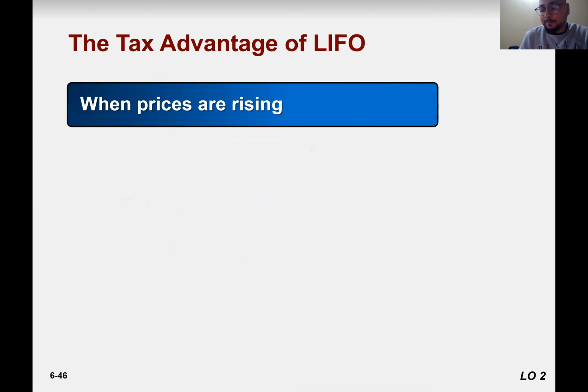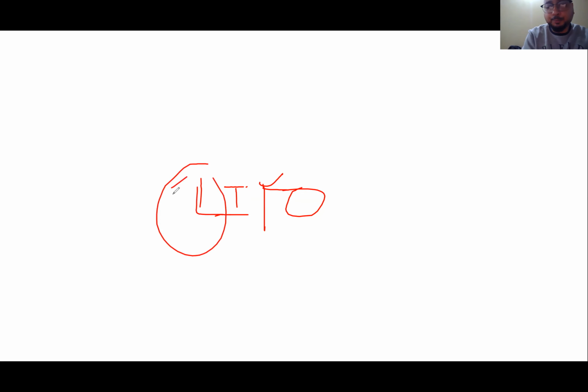Now, the tax advantage of LIFO. Let me give you a tidbit, a quick check to remember what's happening in LIFO and what's happening in FIFO. If you remember LIFO, the opposite is FIFO, so you can easily remember that. In LIFO, focus on the L: everything is low.